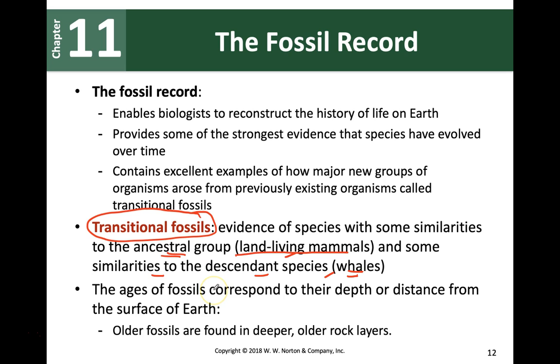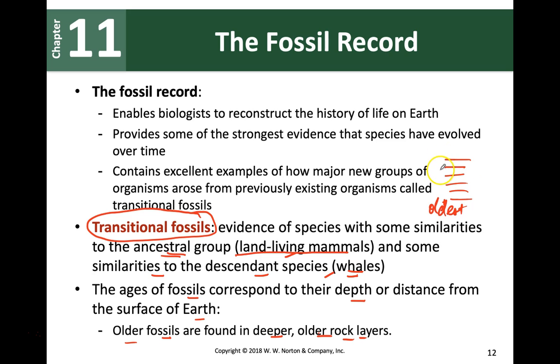And then another important thing here is that the age of the fossil can actually be told, because it corresponds to the depth from where they have been found under the earth. So the older the fossil is, the deeper you're going to find it, in the older rock layer. We actually have rock-like structures, and at the very bottom layer, that's where you're going to find the oldest fossil.